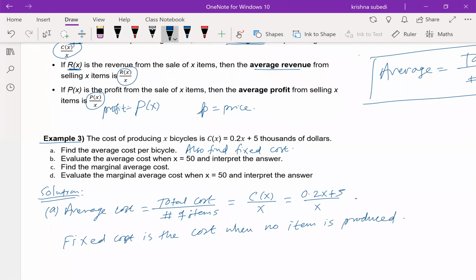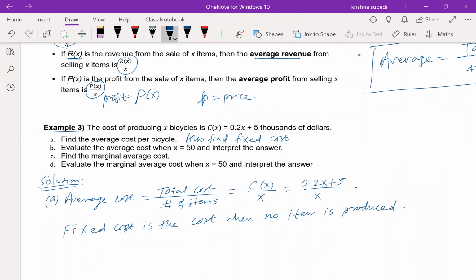I think you guys already know this. So therefore, your fixed cost will be C of 0, which is the cost function 0.2 times 0 plus 5, which is 5. The unit is 1,000, so $5,000. Okay, that is the fixed cost.